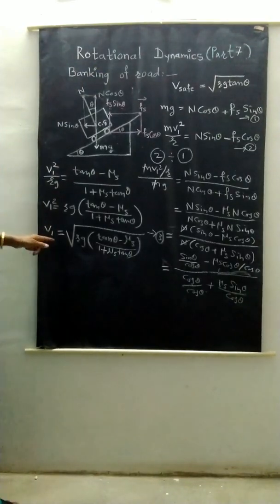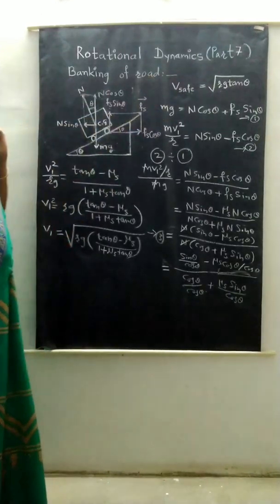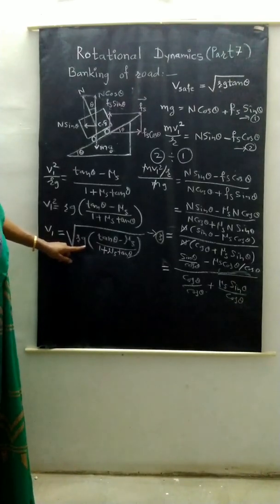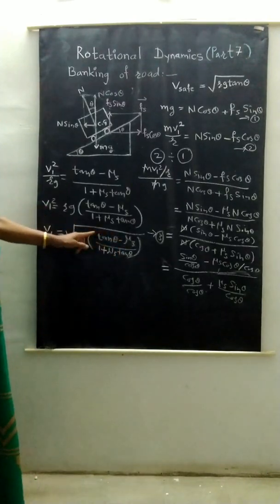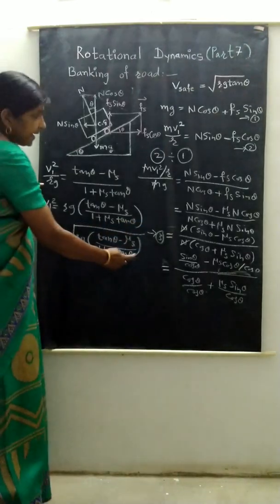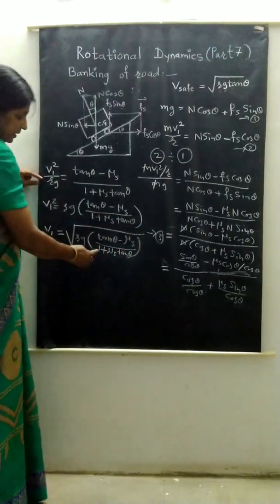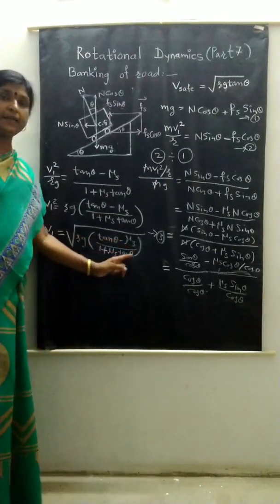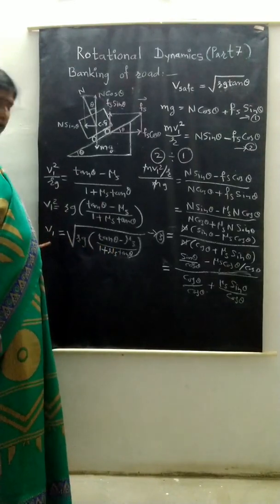Now if we compare this equation and V safe equation, then here you are observing that in the numerator there is tan theta minus something, means the numerator has been decreased. On the other hand, in the denominator there is 1 and here there is 1 plus mu s tan theta, means the denominator has been increased here, so that the value of V1 will decrease.